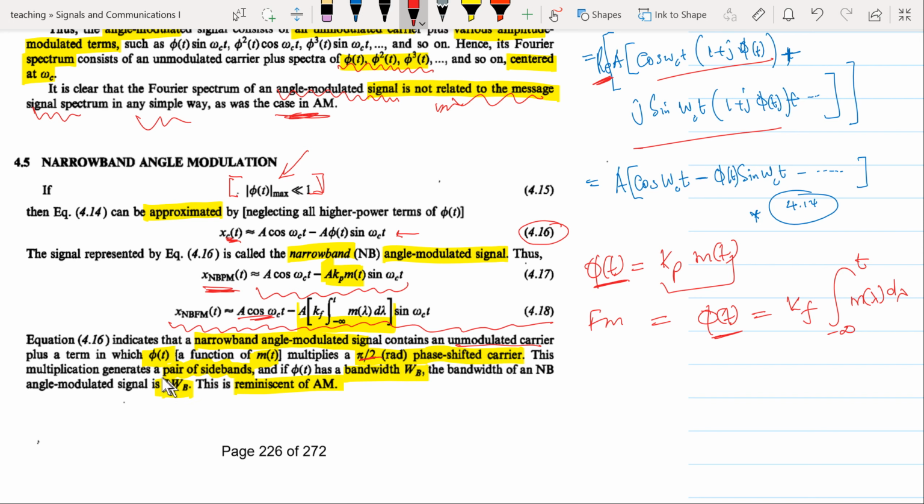And this multiplication generates a pair of sidebands. If phi of t has a bandwidth of W_B, then the bandwidth of the narrowband angle modulated signal is going to be twice W_B. And this reminds us of how we were able to find the bandwidth of the amplitude modulated signal.